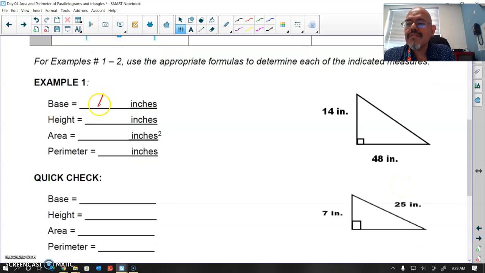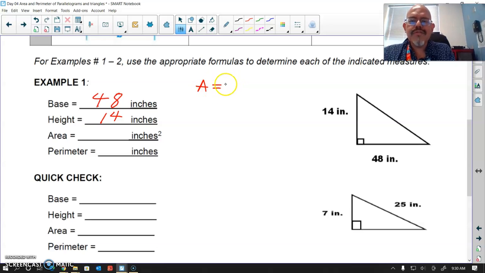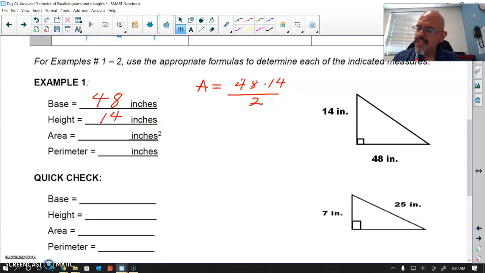So our base right here is 48 units. Our height is 14 units. So our area is going to be equal to 48 times 14 divided by 2. That's going to be 336.